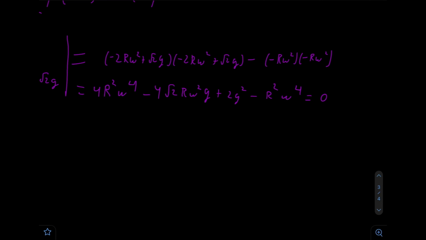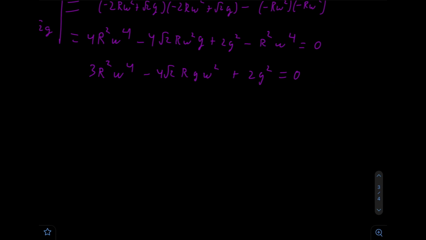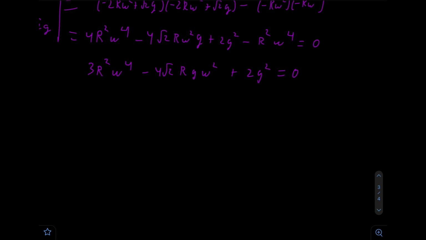Alright, so let's combine like terms. So omega to the 4th, we have 4r squared minus r squared, that's 3r squared omega to the 4th, minus 4 root 2 rg omega squared plus 2g squared. And this might not look like it, but it's actually a quadratic polynomial in terms of omega squared, right?